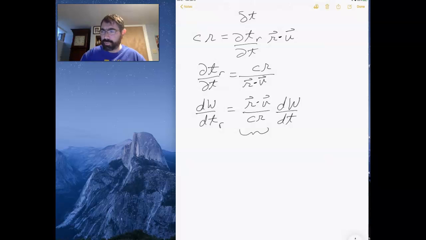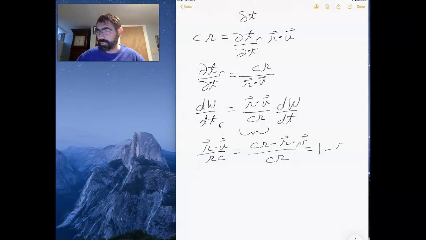Well, if I look at this, I have r dot u over rc is equal to cr minus r dot v over cr, which is 1 minus r dot v over cr, and that is essentially the Doppler effect.